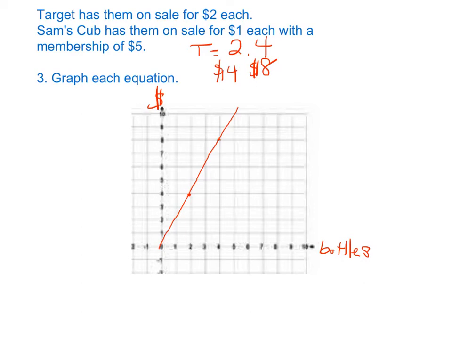Now, for Sam's Club, let's graph this. For 2 bottles, it was $7. And for 4 bottles, it was $9.